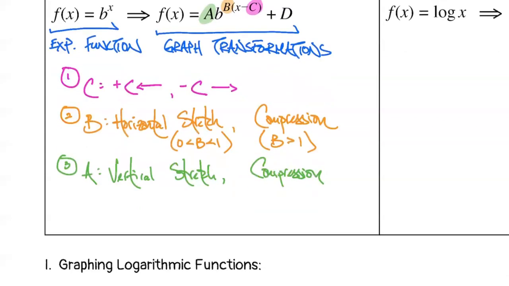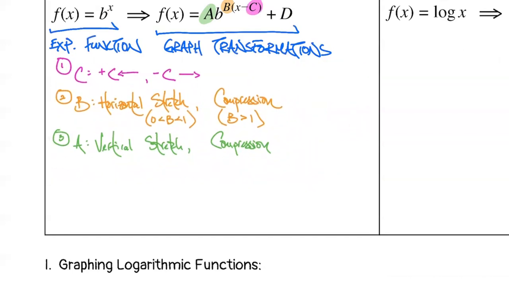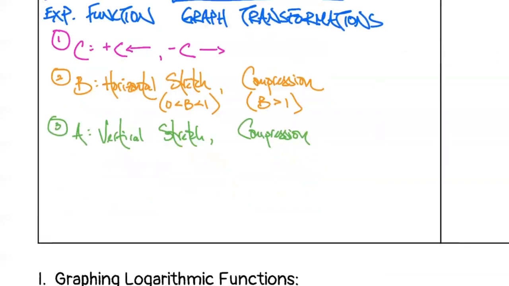And are these going to be the same as with B, or are they going to be different? They are different. Yeah, they're going to be the opposite of B, actually. Okay. And so for our A, if our A value is bigger than 1, we're going to get a stretch. And if we have our A value between 0 and 1, we're going to get a compression.